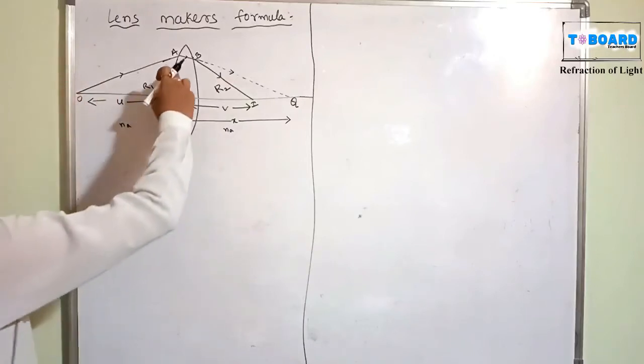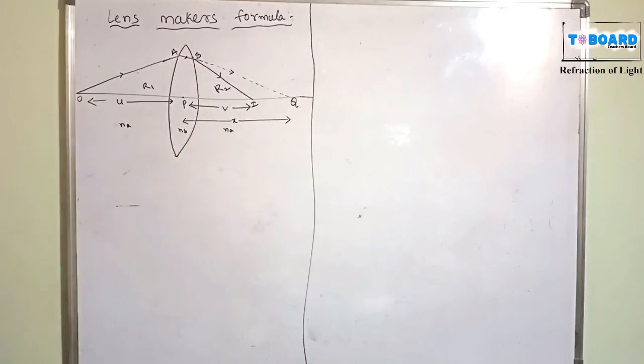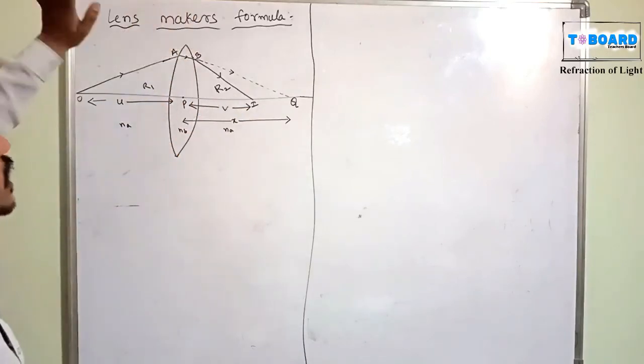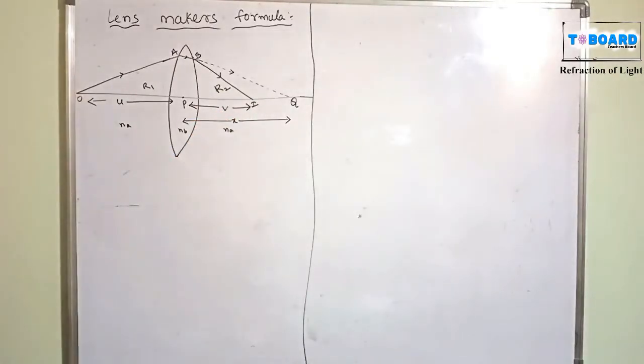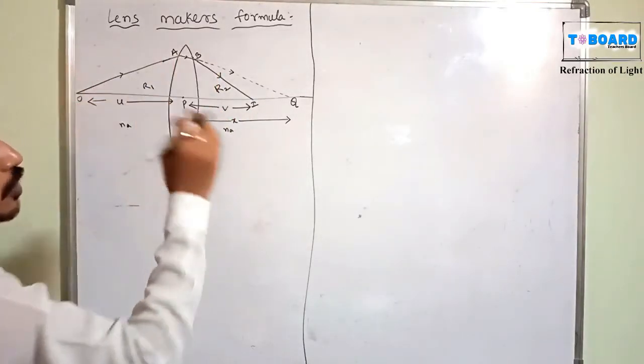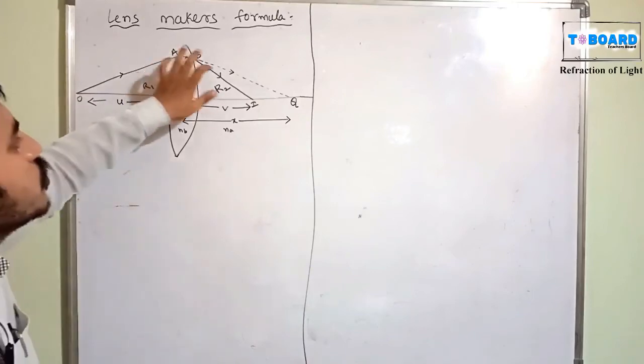One at position A, where it enters and travels from A to B, and at position B it refracts again and makes an image at position I.